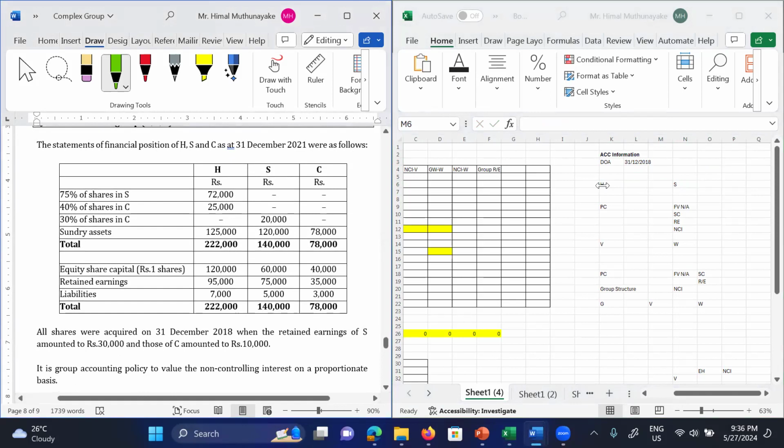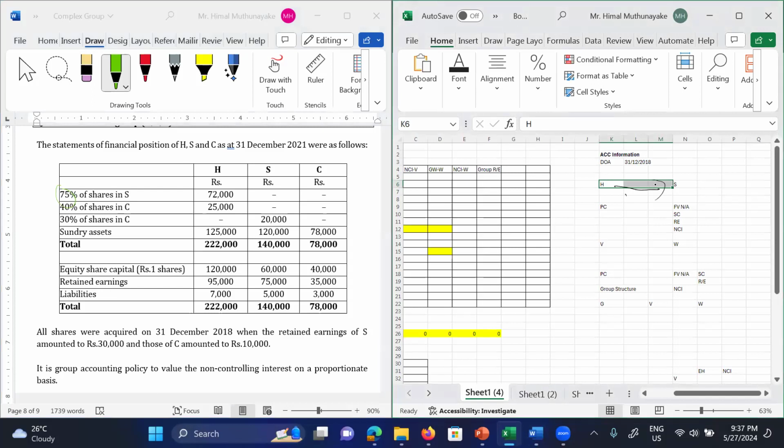You can see the direct control of H and S. How much is it? It is 75%, directly given right here, 75%. And the purchase consideration is directly given, 72,000.